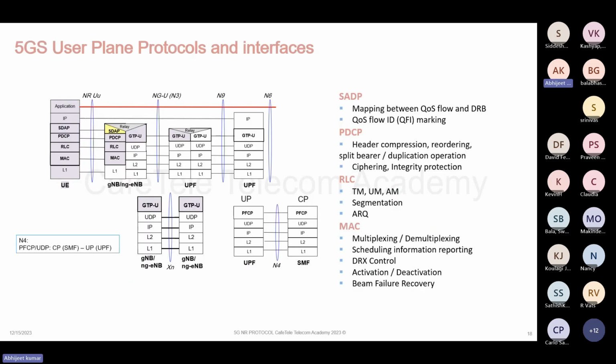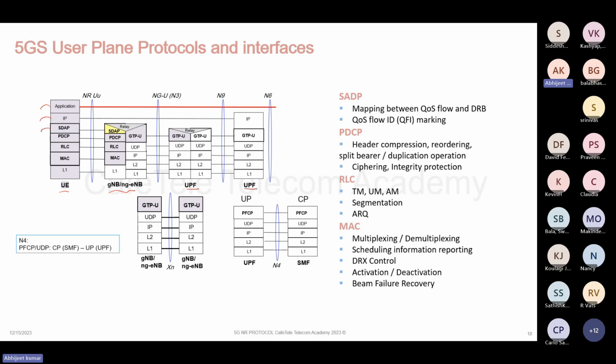And this is your user plane diagram. In the user plane diagram, you can see you have the device, the G-Node B, and the UPF. Now, in the user plane, we have some layers: application protocol, IP protocol, SDAP.